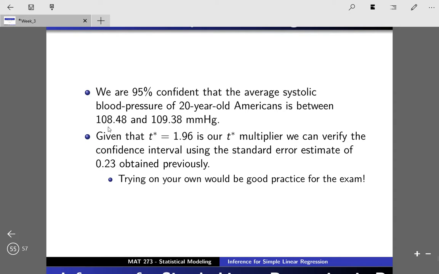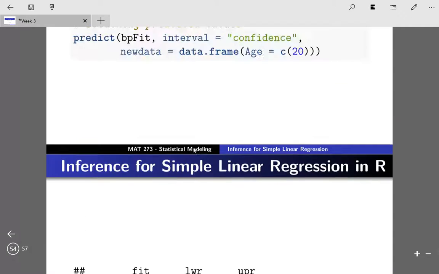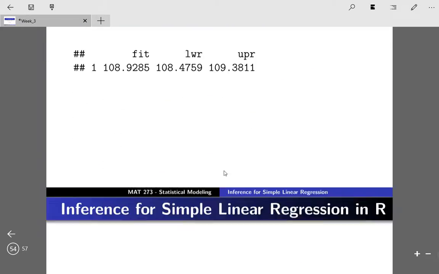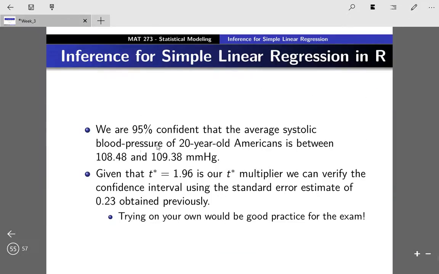And we could reobtain this interval ourselves using the standard errors that I obtained up here previously. So if we use a t-star multiplier of 1.96 and the standard error of 0.2308 here, along with this predicted value, we can verify this confidence interval for the mean.